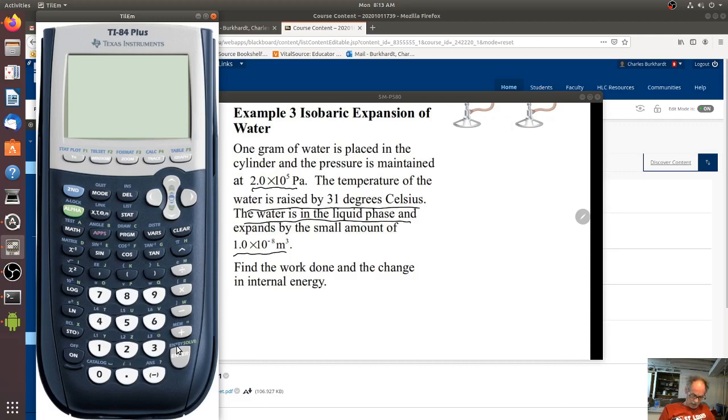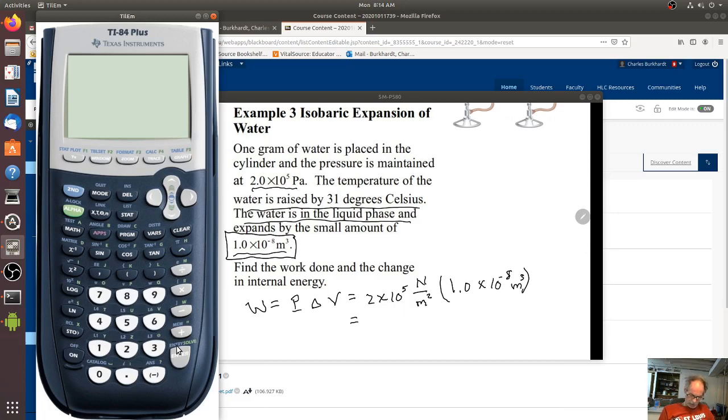Okay, the work done is, here's the change in volume. So the work done is the pressure times the change in volume. Easy. Pressure is 2 times 10 to the 5th. Now, what is a Pascal? That is a Newton per meter squared. Cool. And what is the change in volume? 1.0 times 10 to the minus 8th meters cubed.